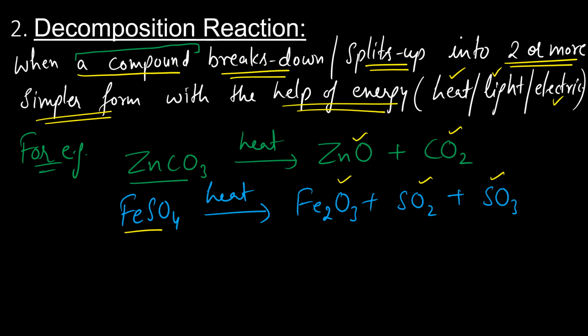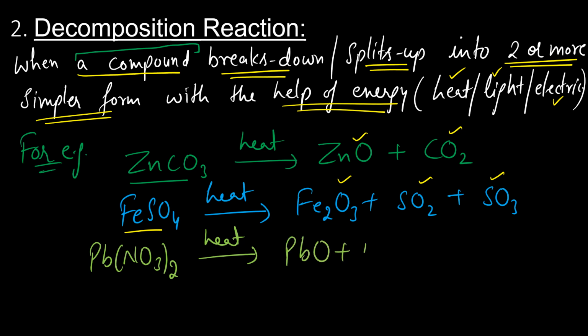Now let's go to the next. In the next example, let's say I'm heating lead nitrate. I'm going to get lead oxide, nitrogen dioxide and oxygen gas. Again, we have only one reactant which gives us a number of products.